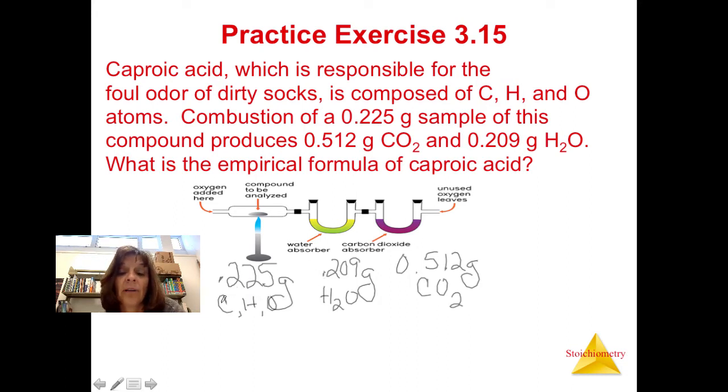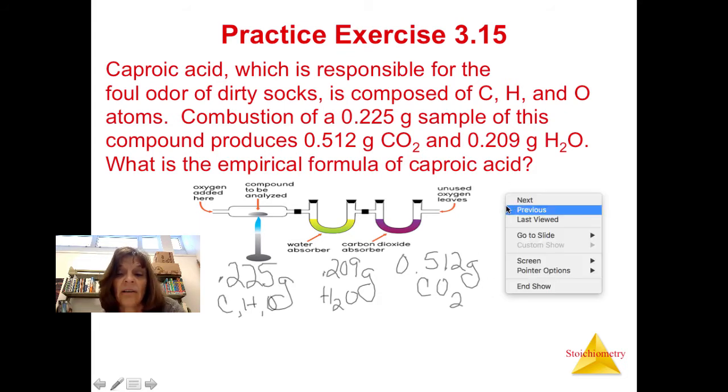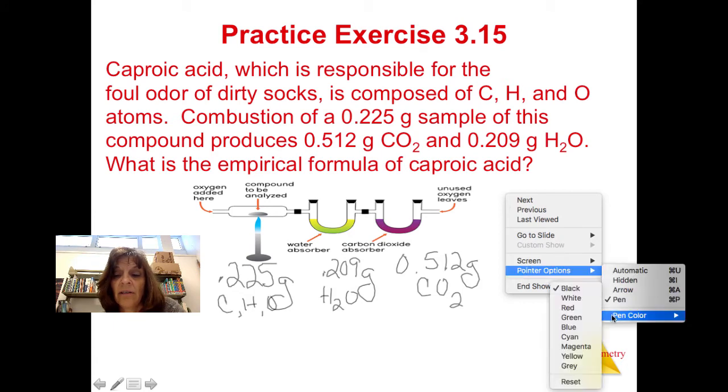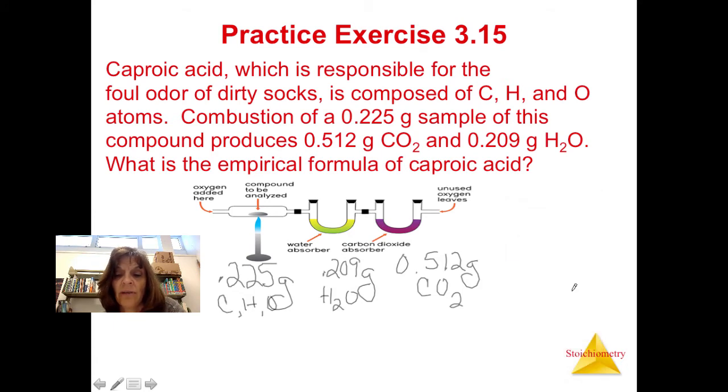All of the carbon from the compound is in the CO2. So that gives us some options. So I'm going to change my color here. Let's use some red. So if we focus on the water, for instance, we know we have 0.209 grams H2O.